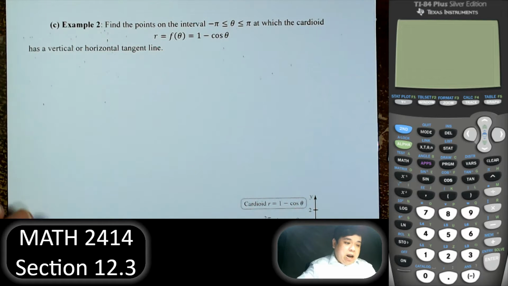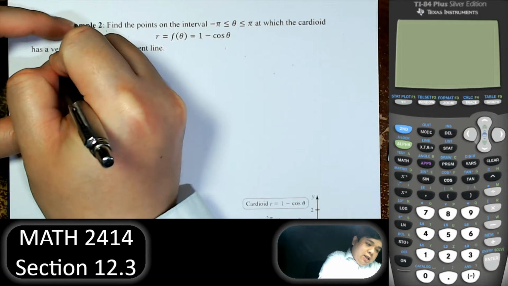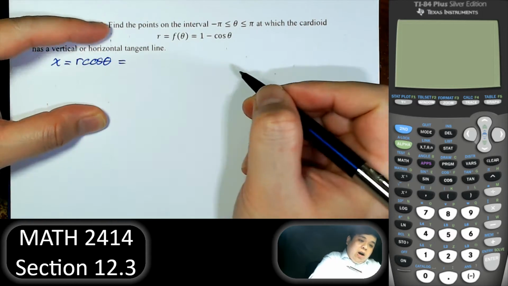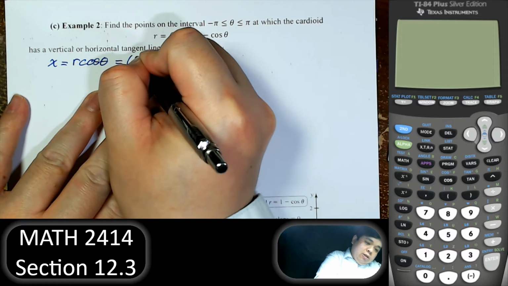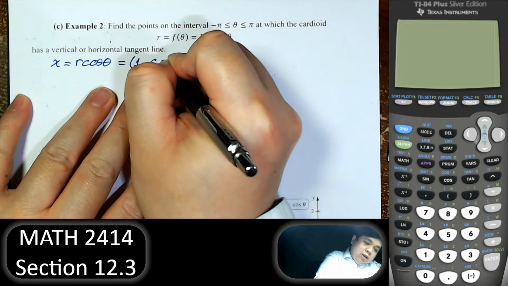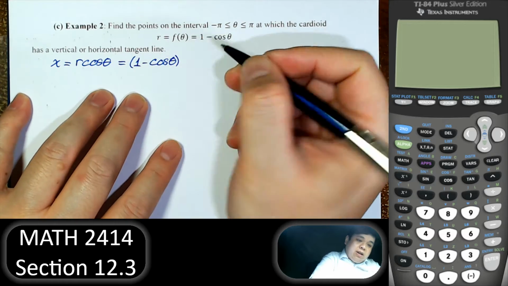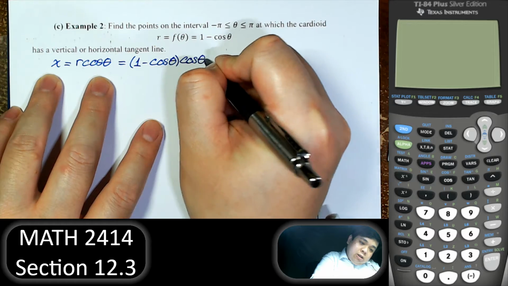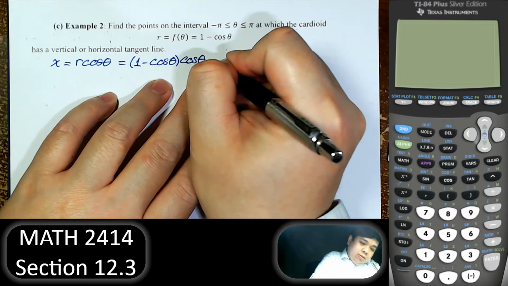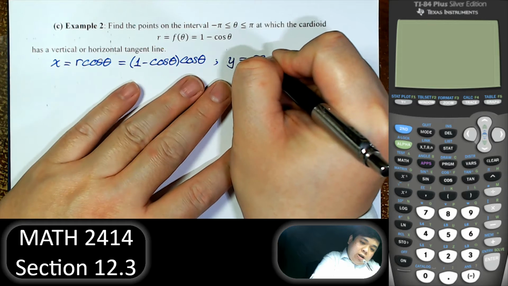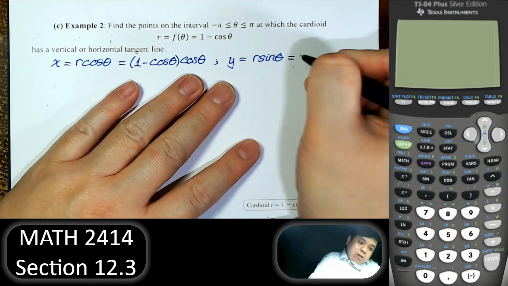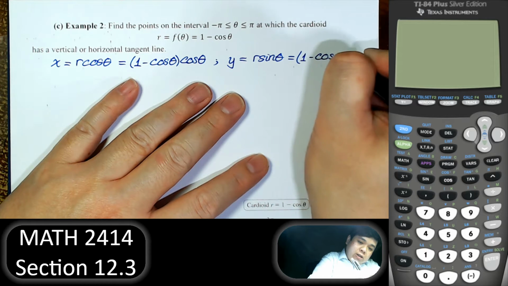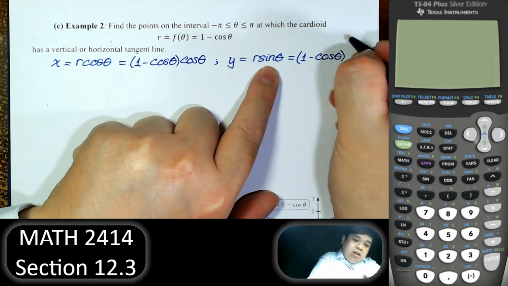So first, let's write down what is x and what is y. x equals r cosine theta. r is this function, 1 minus cosine theta, and then cosine theta. y is r sine theta, where r is 1 minus cosine theta, and then sine theta.